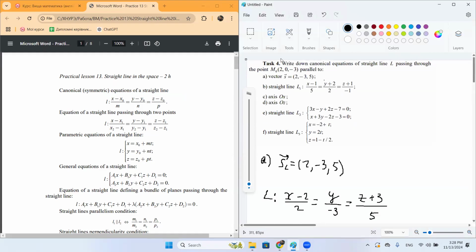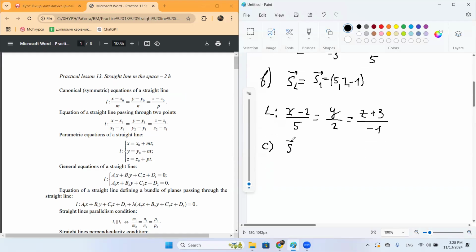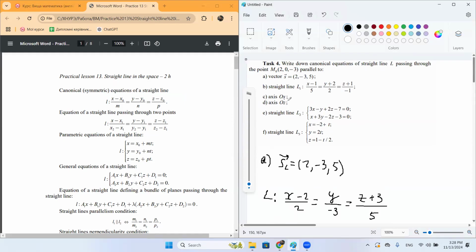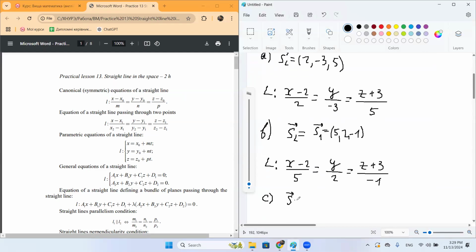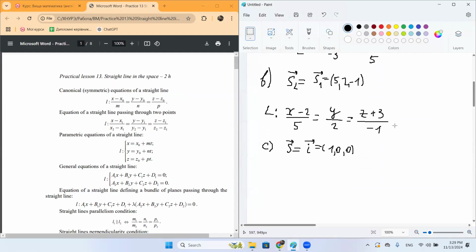Okay, and now C. So it's parallel to axis OX. What will be direction vector if it's parallel to OX? Well, direction vector will be the unit vector corresponding to the x-axis, so vector I. And let's write it down.